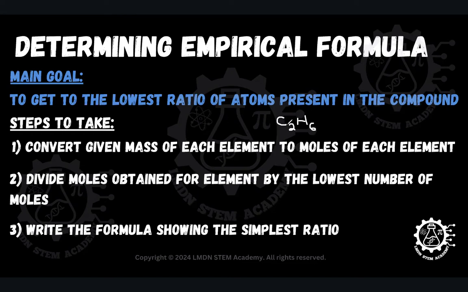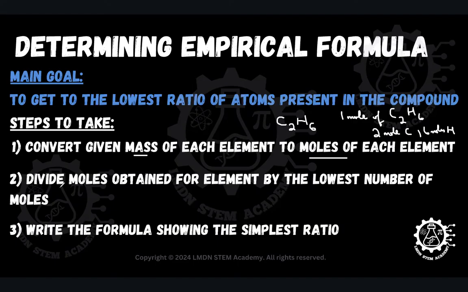If we look at ethane, what this formula actually tells us is that in 1 mole of C2H6, there are actually 2 moles of carbon, as indicated by that 2, and there are 6 moles of hydrogen, as indicated by that 6. And so whenever they give us a mass, we want to convert that to moles so that immediately we'll know what these numbers should be, right?